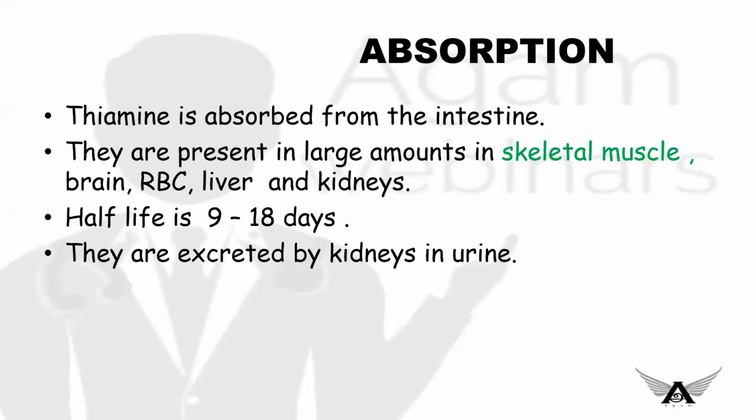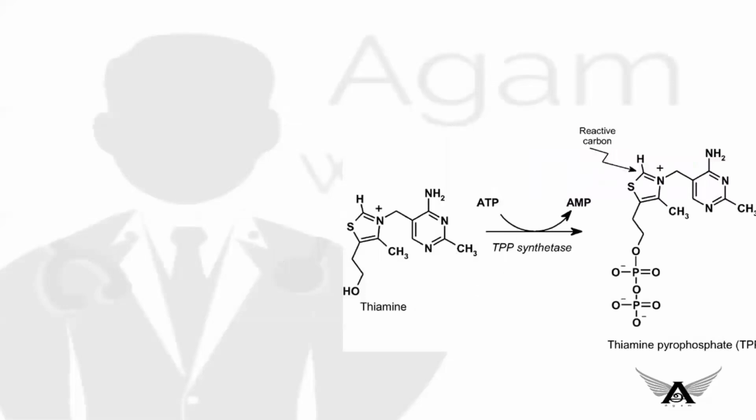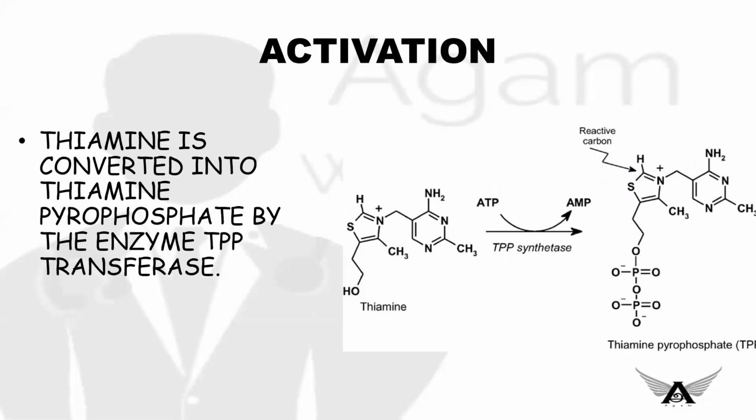Now coming to the activation. Thiamine itself is inactive. It cannot take part in any biochemical reactions that occur in our body. So it must be activated. From this figure itself, we can see that thiamine is converted into thiamine pyrophosphate. This conversion makes thiamine active. So we can say the active form of thiamine is thiamine pyrophosphate. The enzyme helping this conversion is TPP transferase.